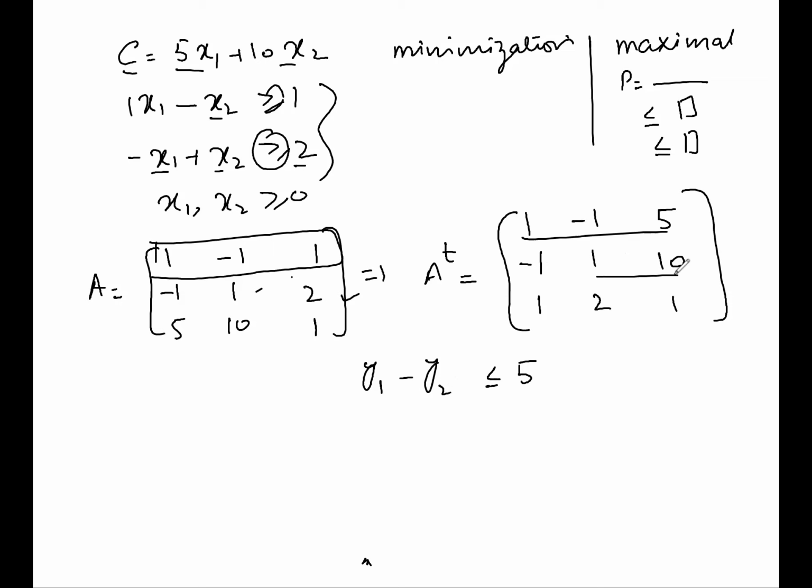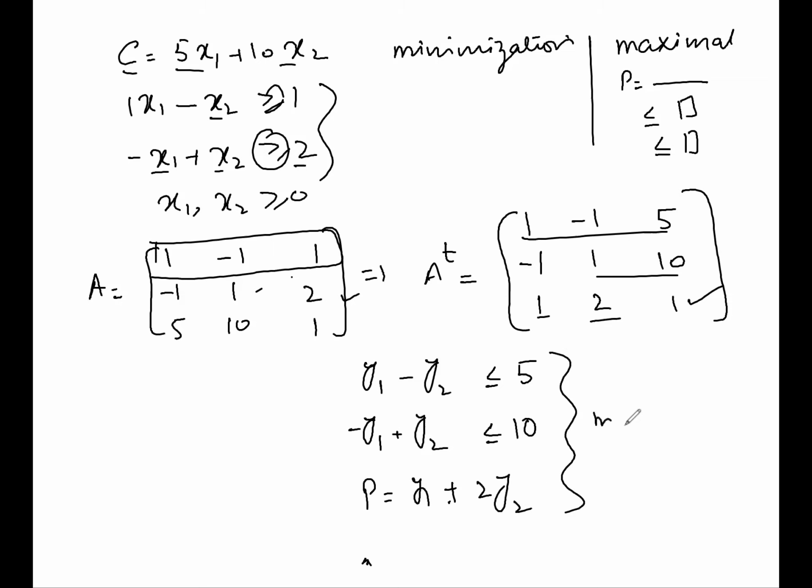From the second row we can read minus y1 plus y2 less than or equal to 10. And similarly, from the third row we can read the profit function P equals y1 plus 2y2. So now this is your standard problem of maximization.